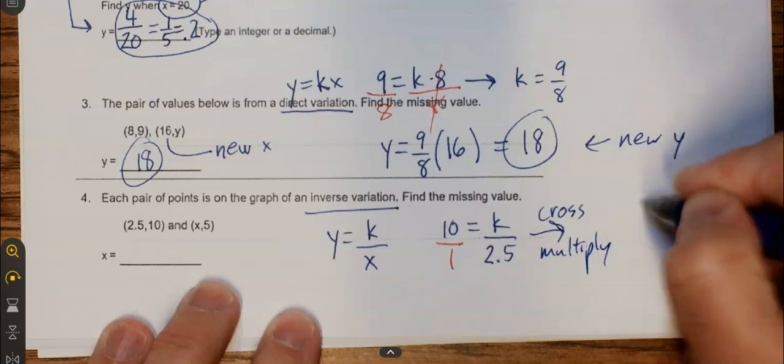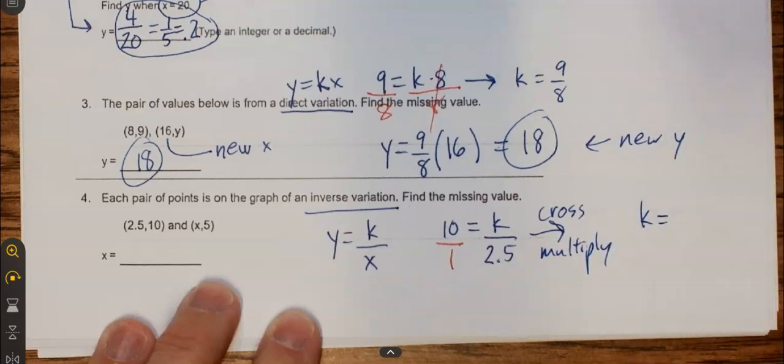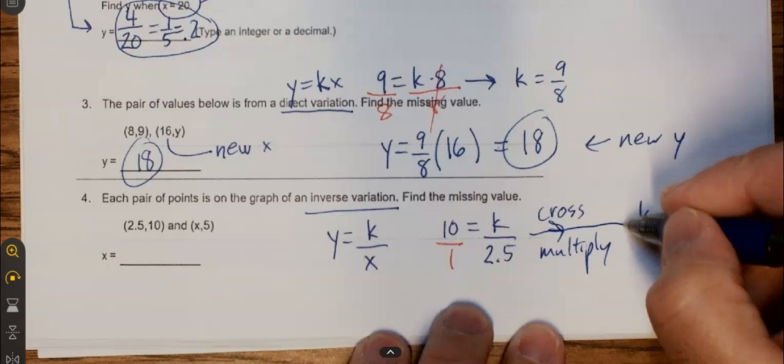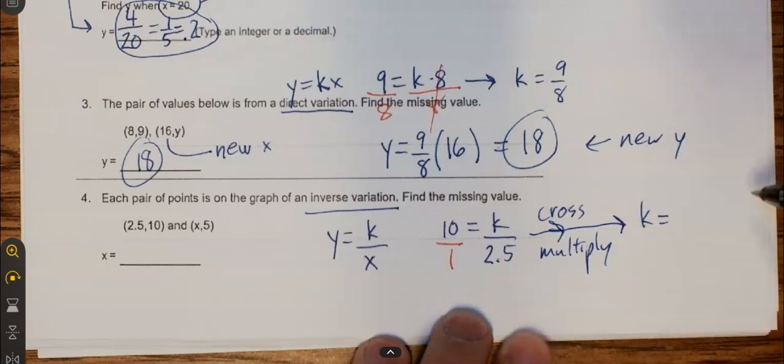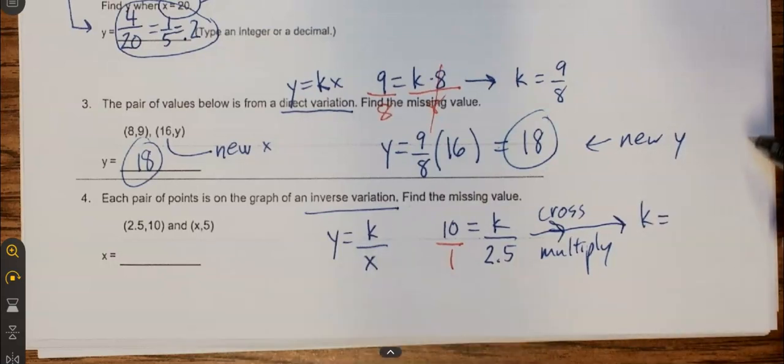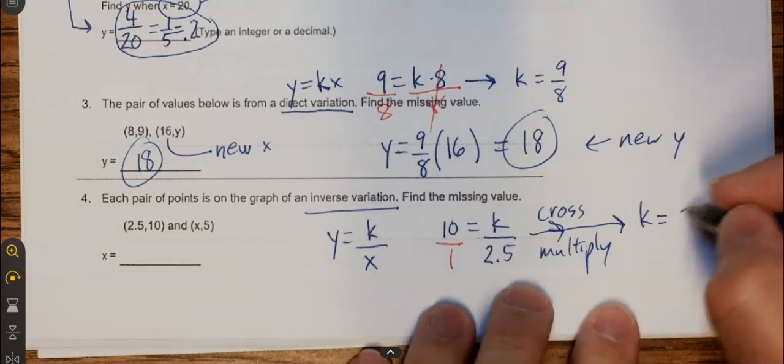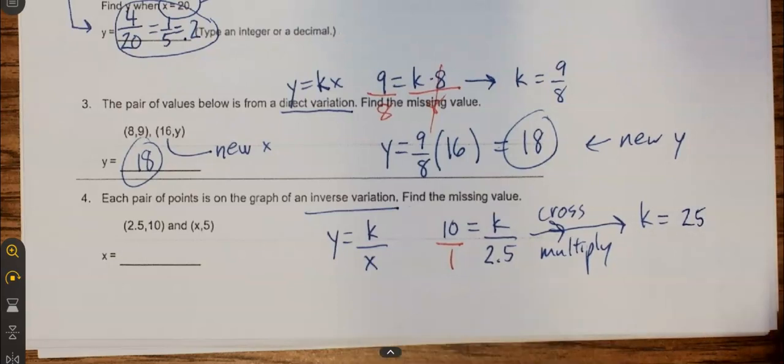And what do we get for k? 10 times 2.5? 25, thank you very much. Sold.